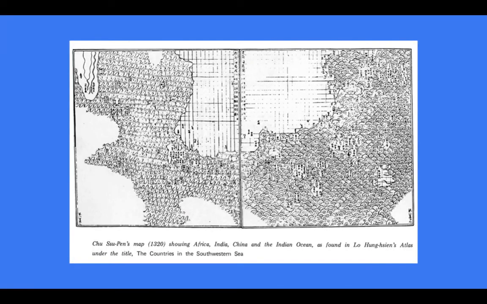But the Chinese, equally impressive with their maps. There's another example here, and what's kind of cool here is that what we're looking at is you've got China. You can also see India right here. This is Africa right there, showing that they had traveled around, they had explored a lot of stuff.